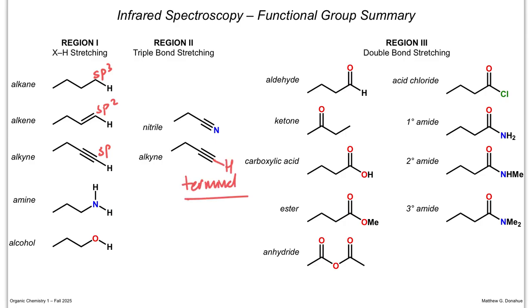It's got to be a terminal alkyne to see that stretch. An internal alkyne, even though it has the triple bond, the reason you won't see the stretch is because the dipole moment is not very big.